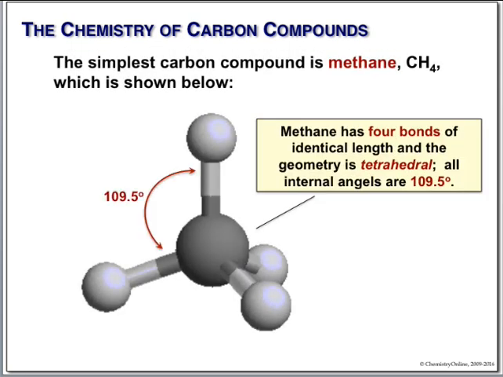The simplest carbon compound is methane. Methane has 1 carbon. It has 4 hydrogens. It is tetrahedral. That means that all of the bond angles here are 109.5. They're all equivalent. They're all exactly the same. All the bond lengths are the same.